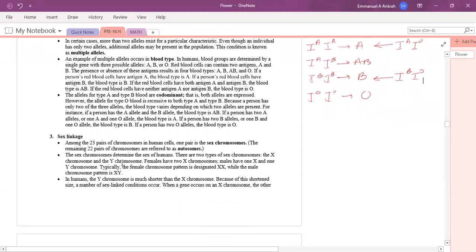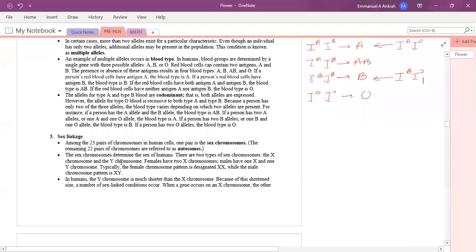Among the 23 pairs of chromosomes in human cells, one pair is the sex chromosomes. The remaining 22 pairs are referred to as the autosomes. So we have 22 pairs of autosomes and one pair of sex chromosomes, X and Y, which determine the sex of the individual.